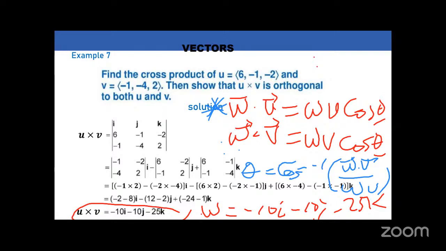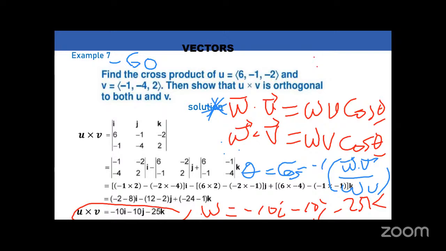So what is W dot U? It's a dot product, so you multiply them component by component. So W, I component is minus 10. For U, I component is 6. So minus 10 times 6 will give us minus 60.